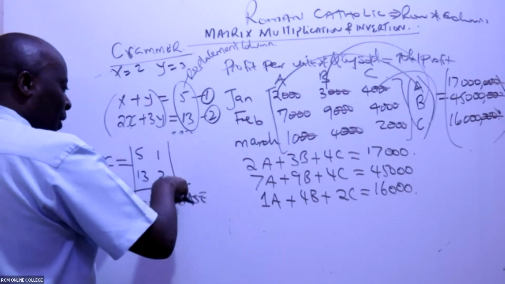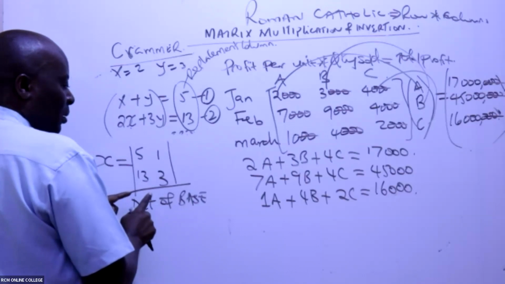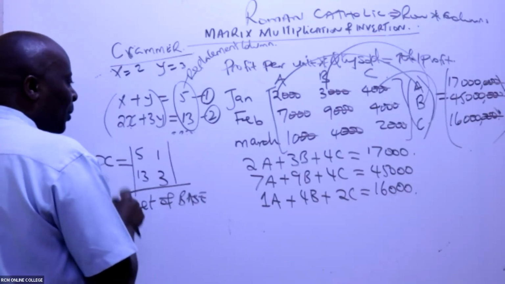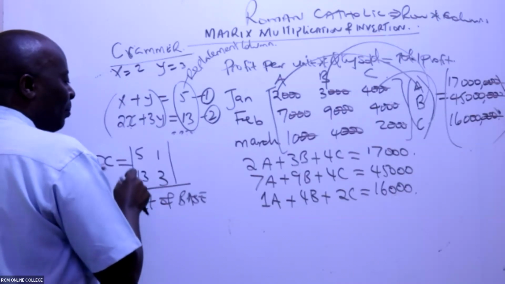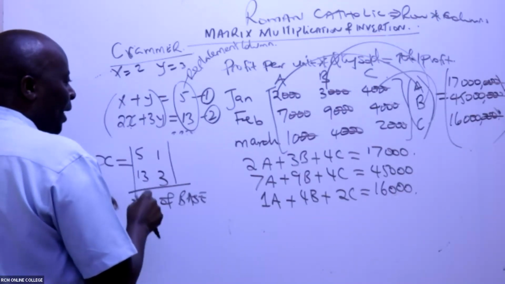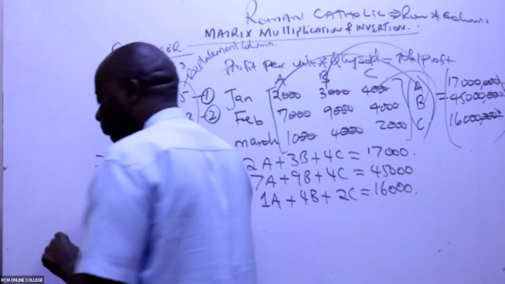These two strokes here simply want us to get the determinant. Determinant, ladies and gentlemen, is PPD: product of primary diagonal minus product of secondary diagonal.